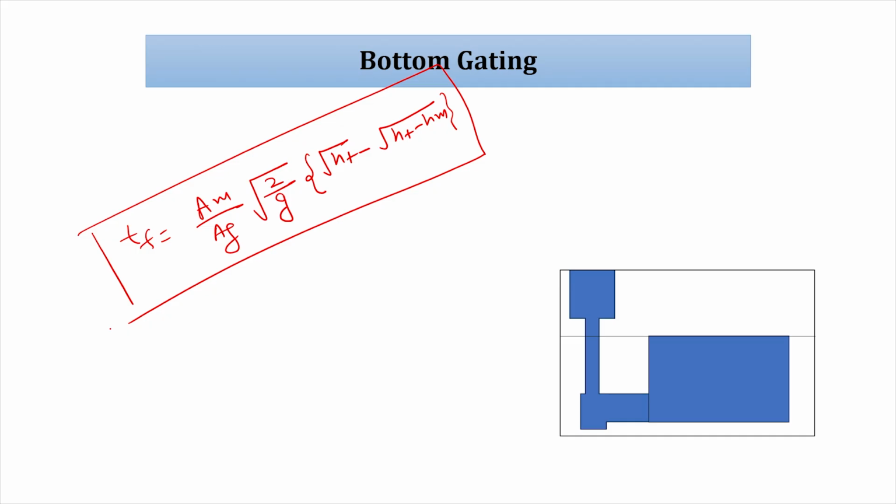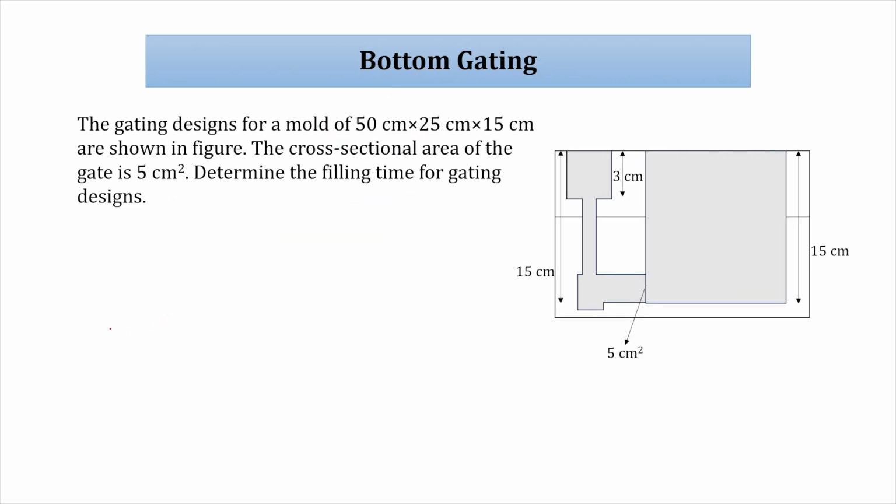Now, we will solve a numerical problem. Same numerical problem we have solved for the top gating, vertical gating. Now, we are solving the same numerical problem, filling from the bottom. What we have done? We have just shifted our gating system to the bottom pouring system, and you have to calculate with the same data where the volume is fixed.